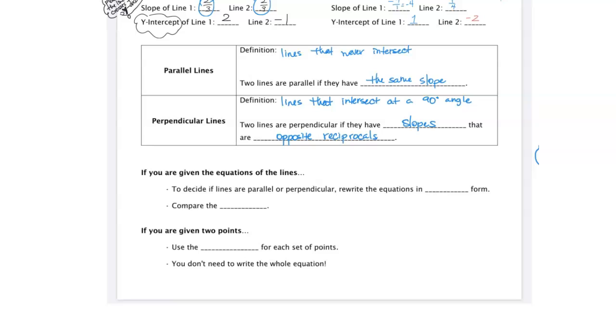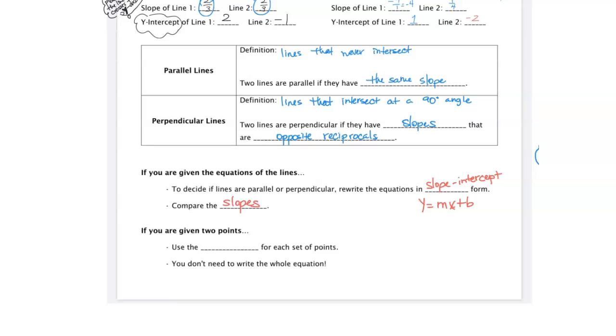So if you are given the equations of the lines, to decide if the lines are parallel or perpendicular, we're going to need to rewrite our equations in slope-intercept form. If you can recall, that's y equals mx plus b. So we'll be solving equations for y, and then we'll compare the slopes.